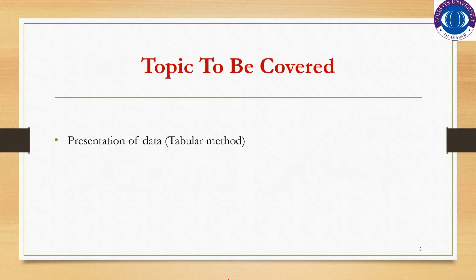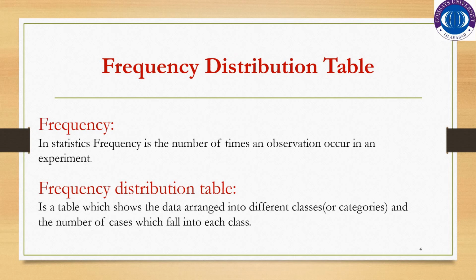In this lecture, we will study the second approach, that was tabular method. In tabular method, the first method we have is the frequency distribution table. Before starting frequency distribution table, we will study what is the frequency.